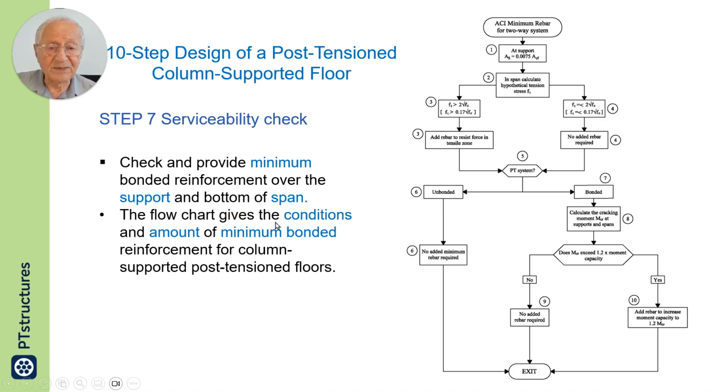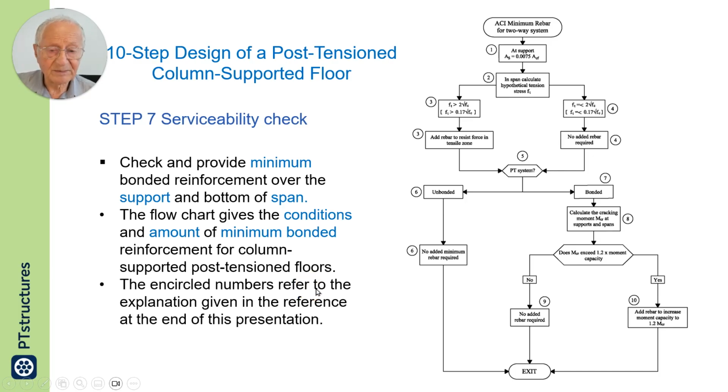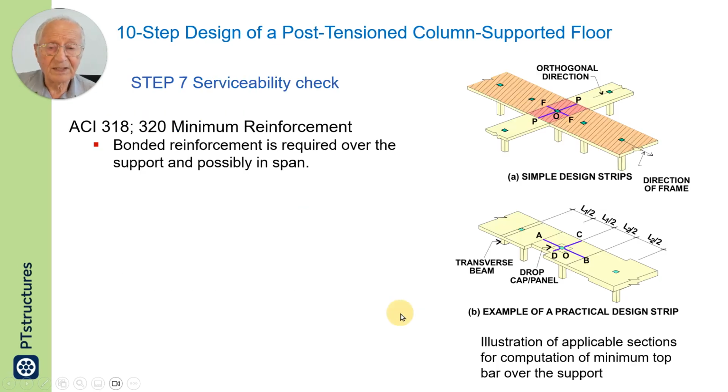The flowchart gives the conditions of and the amount of the minimum bonded reinforcement. The encircled numbers refer to the description of each of these requirements.